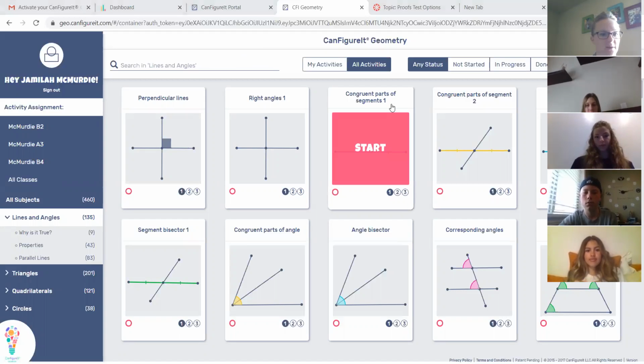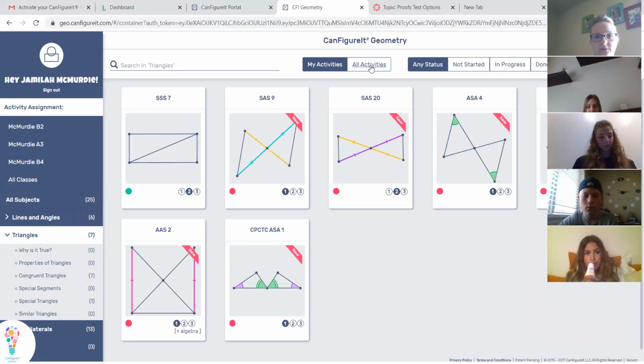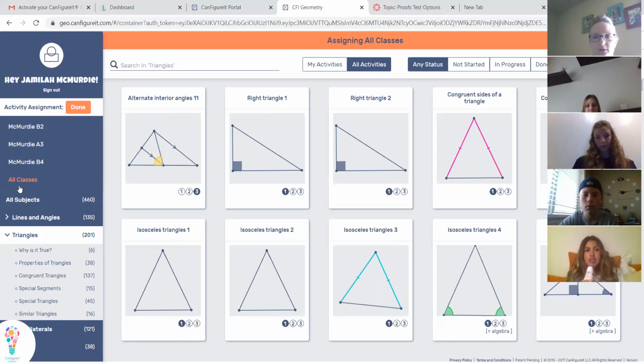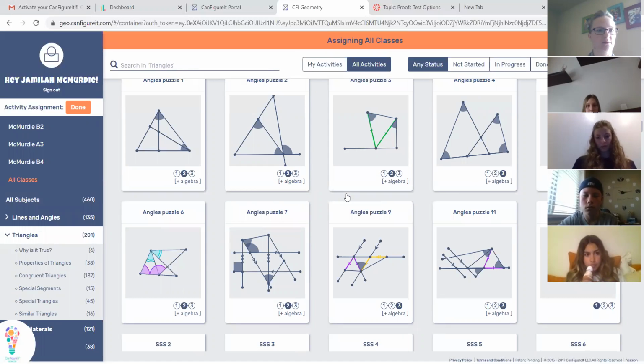Triangles, got you. Okay. Triangles it is. So let's look at which ones we've already done. Wait, what's happening? Okay.